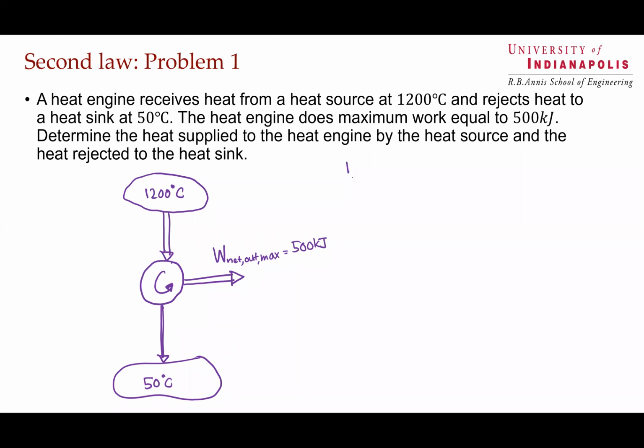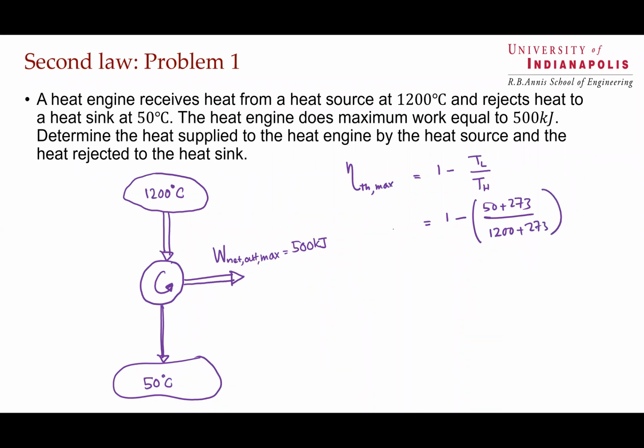So for a heat engine, the maximum efficiency is known as Carnot efficiency, that is 1 minus TL over TH. TL is the lower thermal reservoir temperature in Kelvin scale, and TH is the higher thermal energy reservoir temperature in Kelvin scale. So it's 1 minus (50 plus 273) divided by (1200 plus 273).